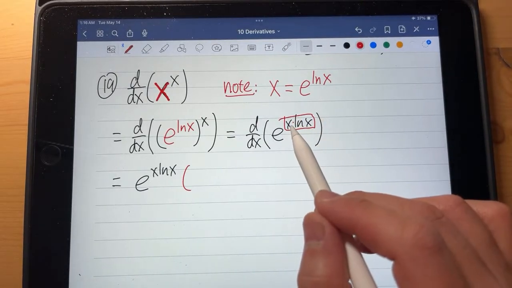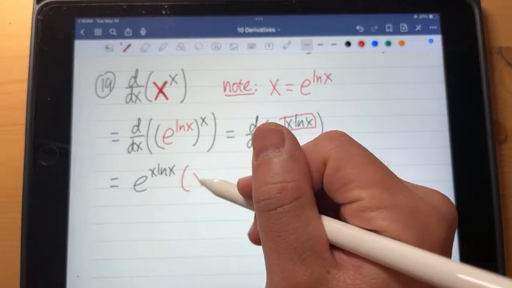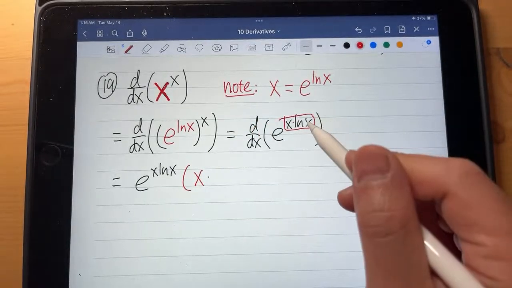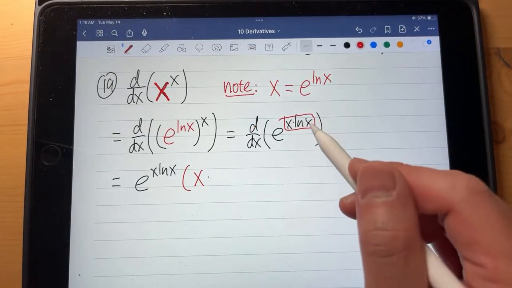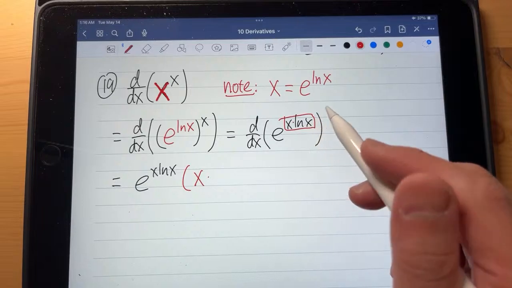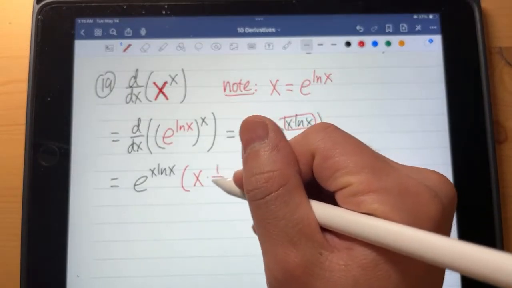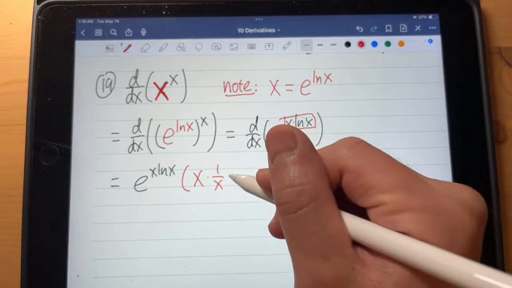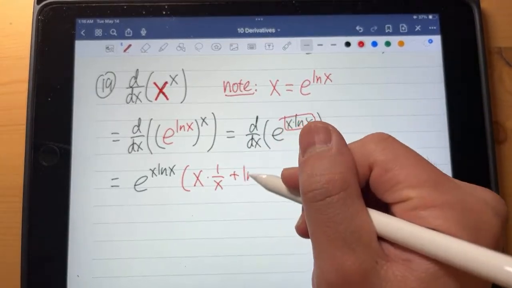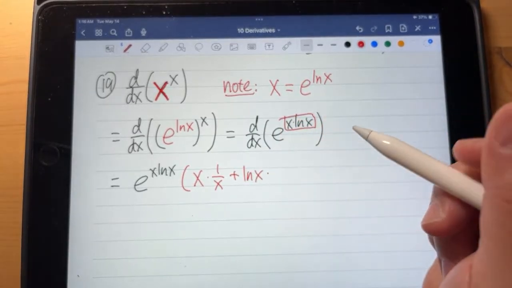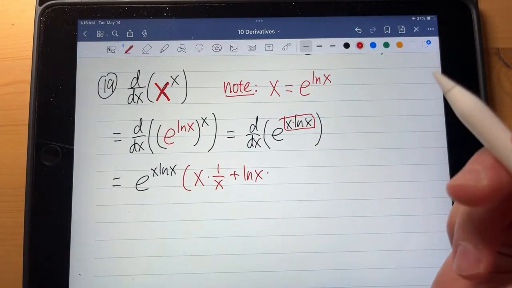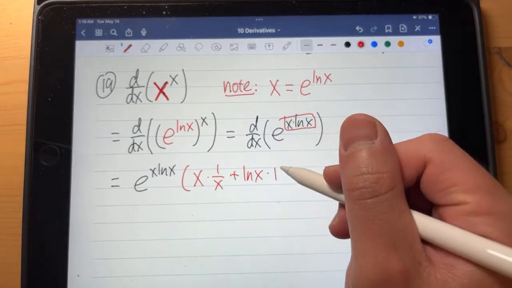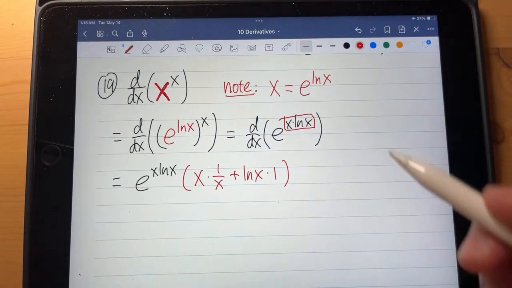Product rule says, keep the first one, which is x, times the derivative of the second. The derivative of ln x is 1 over x. Then we add the second function, which is ln x, times the derivative of the first. Derivative of x is just 1, so that's what we have.